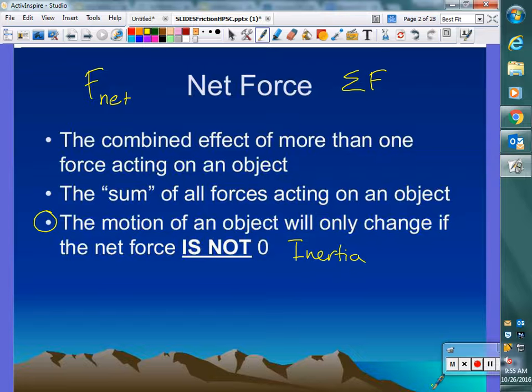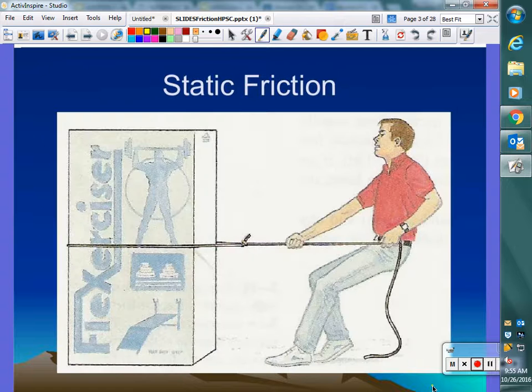So let's talk. I'm going to skip Roman numeral number 2, letter A. All right, and let's drop it down to B, and let's talk about this guy right here. Okay. So this guy decides that it's time to get himself in shape, so he buys the flexorciser. Now, the commercial's great.